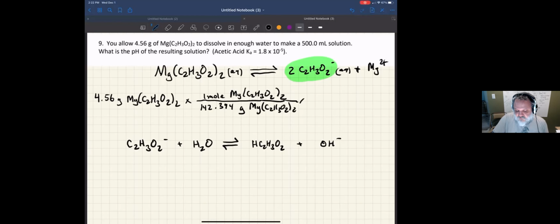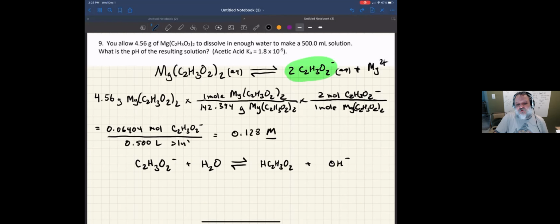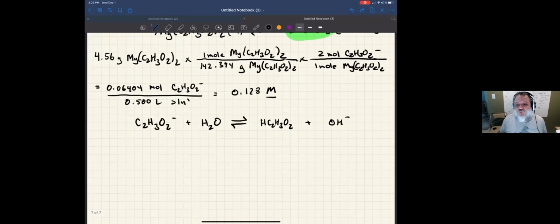We have to remember that for every mole of magnesium acetate, there's 2 moles of acetate ion itself. And so that gets us the moles of acetate ion. But remember, we're still operating in concentrations, and so we have to divide by the volume of the solution in order to get molarity. It's not until you get the molarity that you can actually start doing the equilibrium problem.